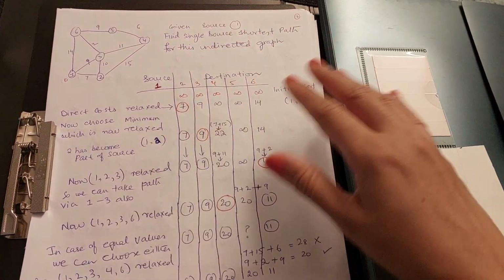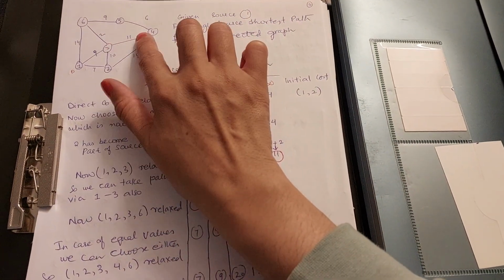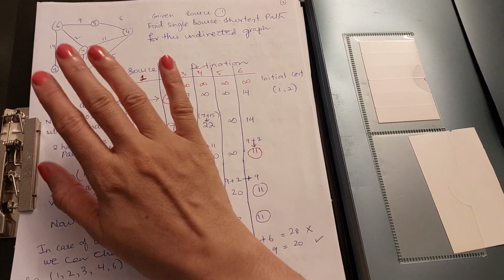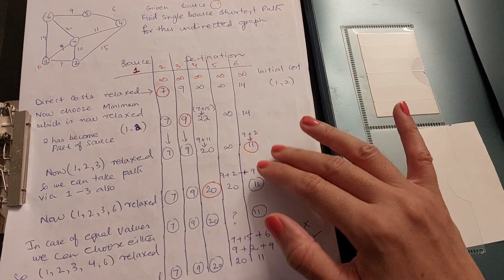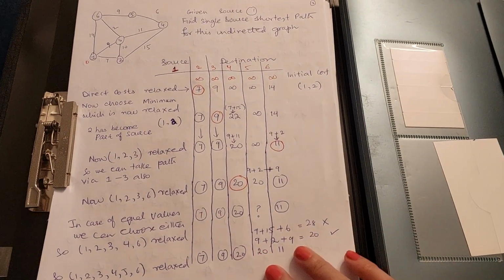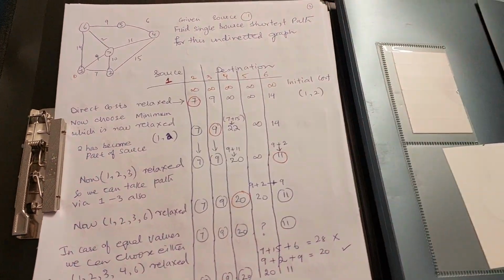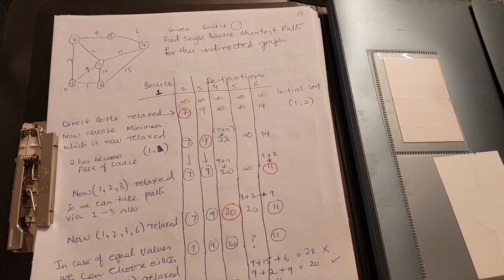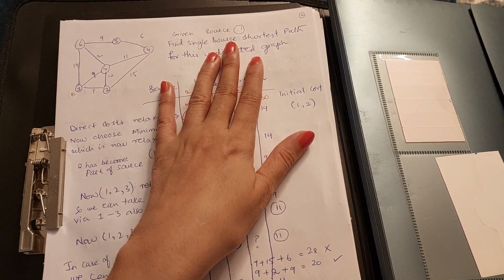It wanted to reach all the nodes from the source point by following the shortest path. So we have already calculated the shortest paths. We have reached all the nodes, and this is how we have done all the connections with the help of Dijkstra algorithm.